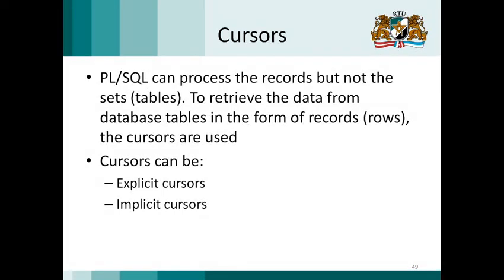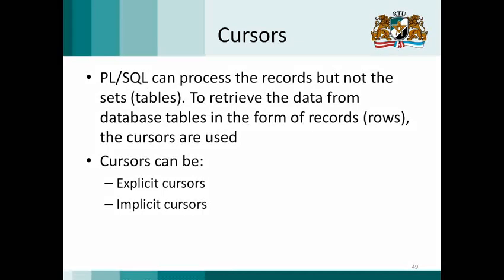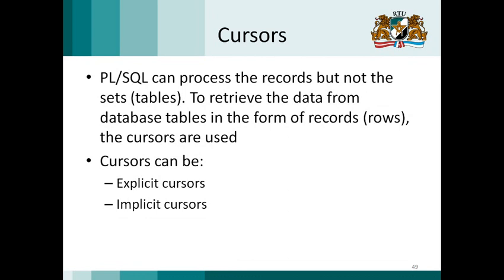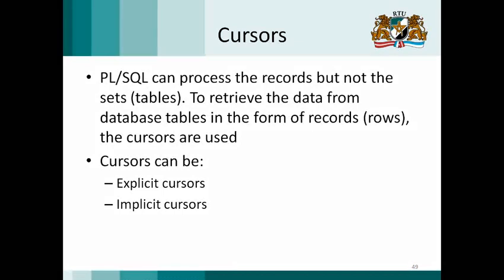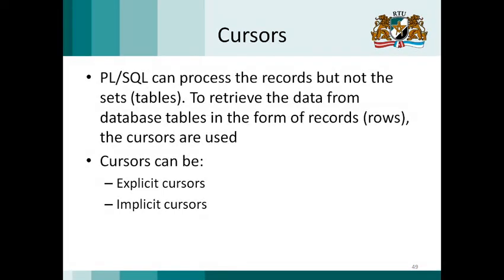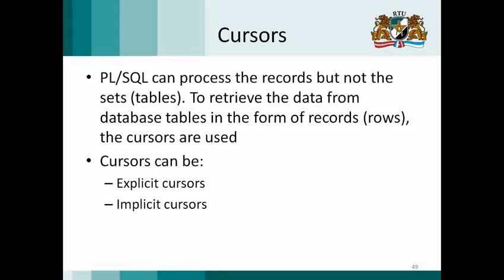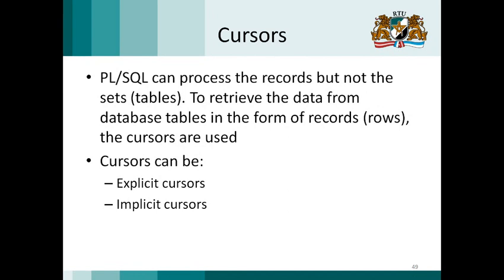For example, we might have a table also with field 1 and field 2, but we cannot write all these values in 1 record. And we might not even know how many records we will need. Cursors help us to process the data from these tables by writing them in records sequentially.